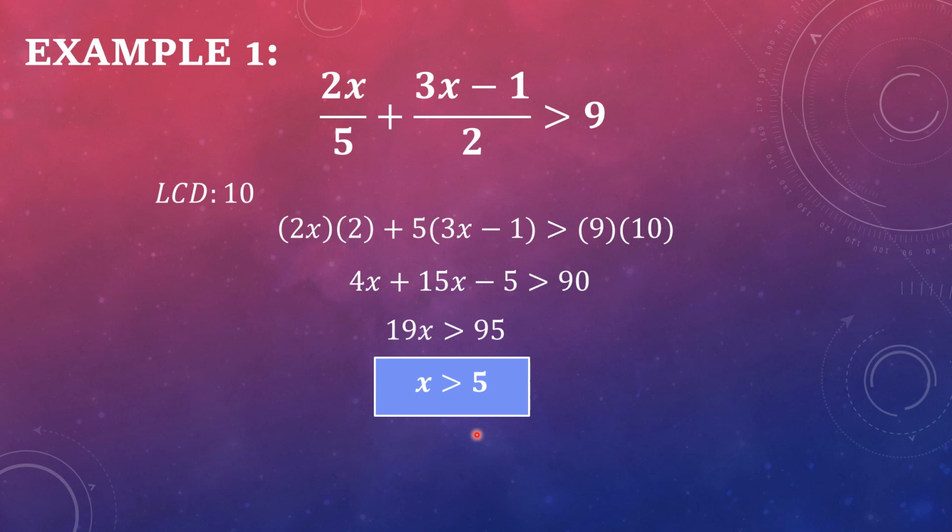Which means then that our interval notation is 5 to positive infinity. We have here a parenthesis, which means 5 is not included in the solution set of the given inequality, which is 2x over 5 plus 3x minus 1 over 2, which is greater than 9.